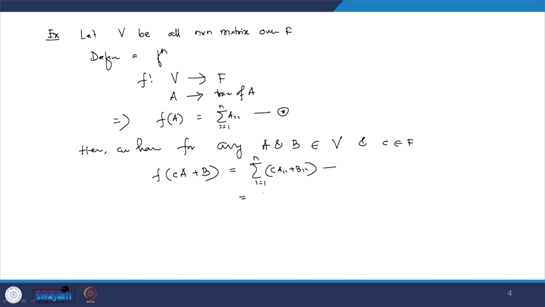So, this is equal to c into sigma Aii plus sigma Bii, i equal to 1 to n. So, this is nothing but c into f of A plus f of B. So, f is also a linear functional.